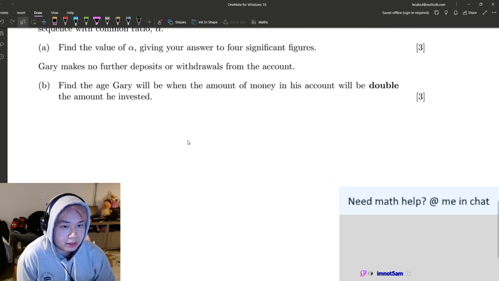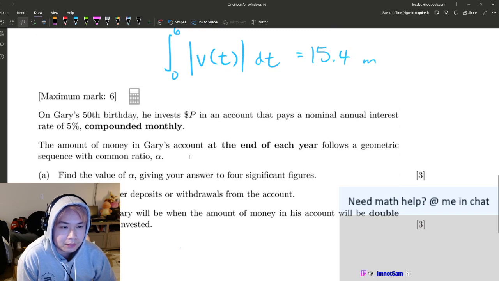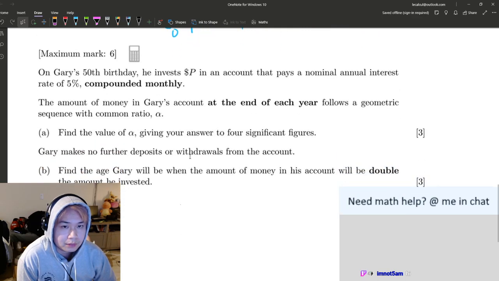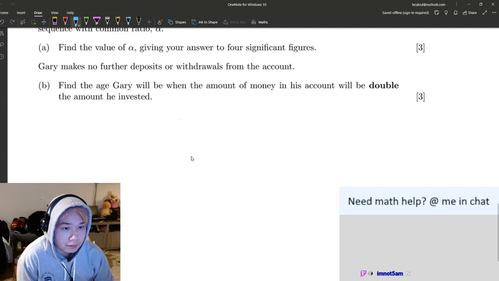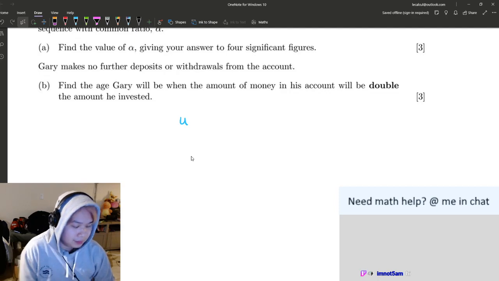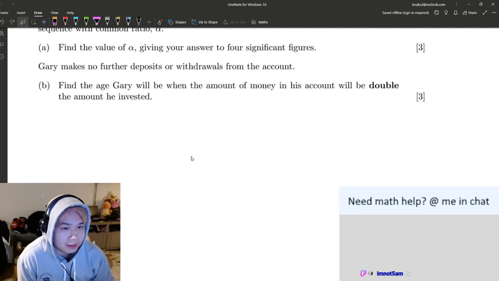But basically, the first term is the beginning, right? When time equals 0. And he invests $P.